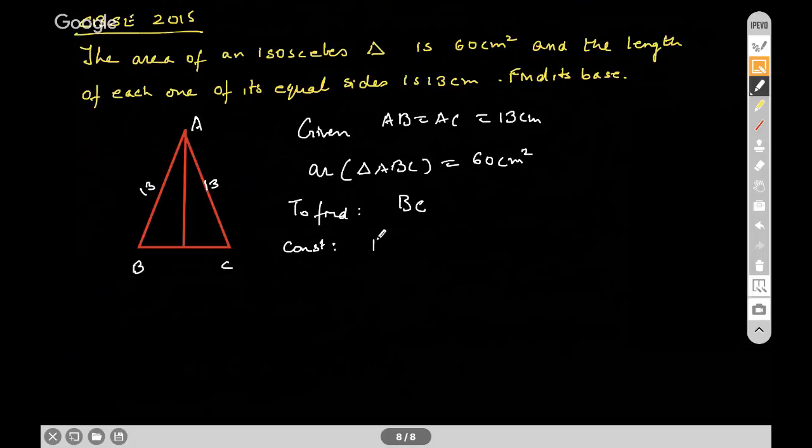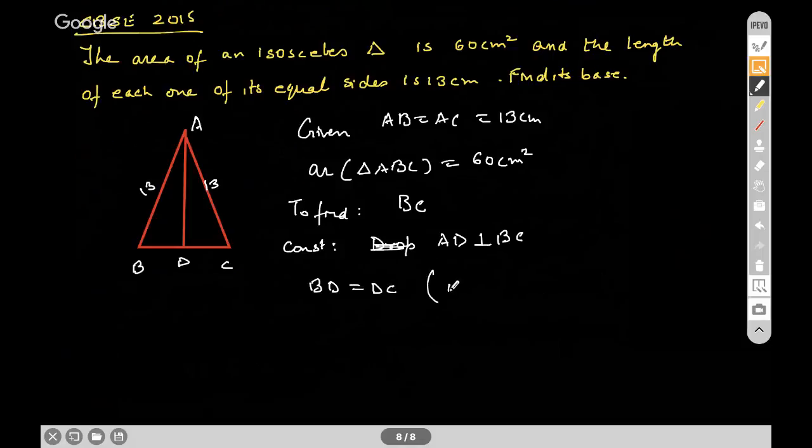Okay. Now the construction. Drop, or you write here, AD perpendicular to BC. Okay. Now clearly in an isosceles triangle, you know that BD is equal to DC, right?